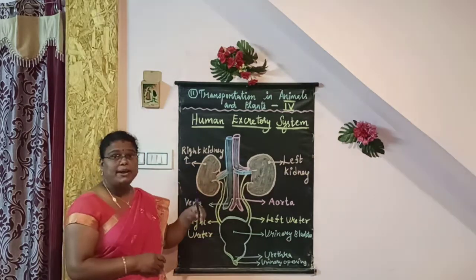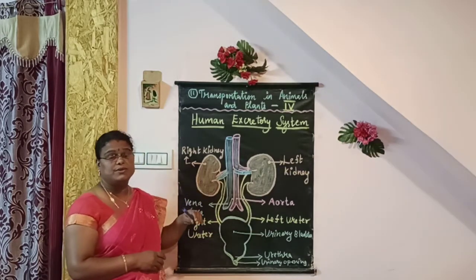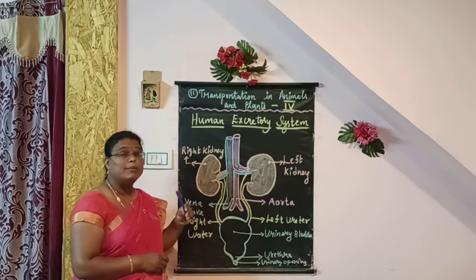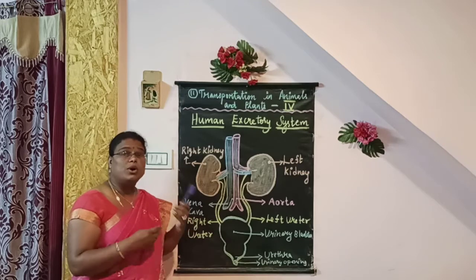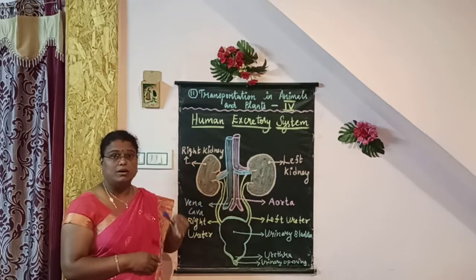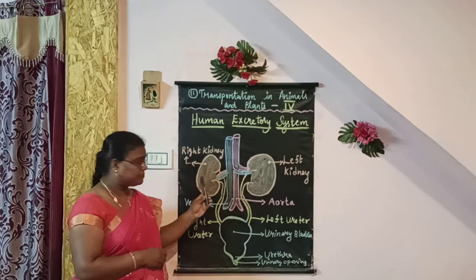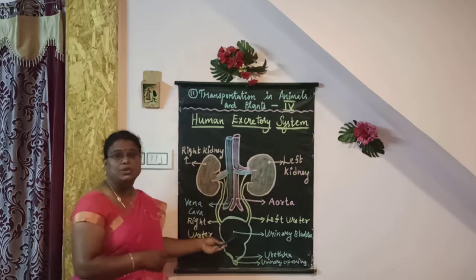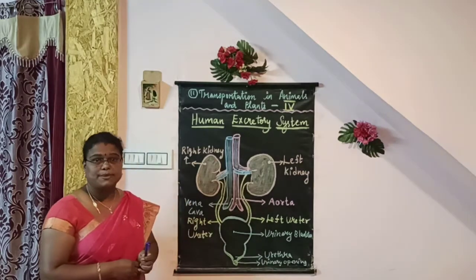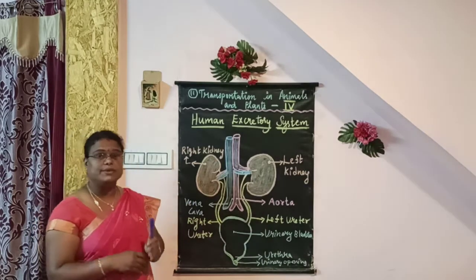When the blood reaches the kidney, it consists of both toxic substances and an enormous amount of water. Extra water is reabsorbed in the kidney, and some amount of water is sent to the urinary bladder along with the toxic substance urea, which forms the urine.